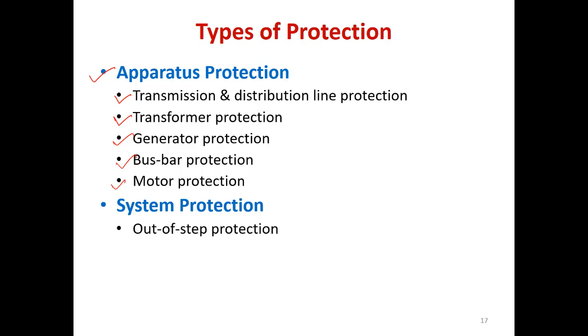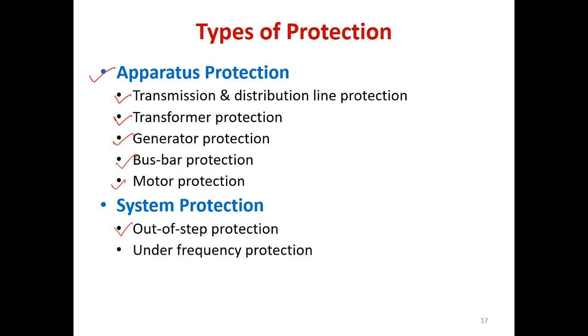In system protection we have out of step protection, where if some generators are going out of synchronism, that protection scheme will isolate that generator without hampering the system stability.